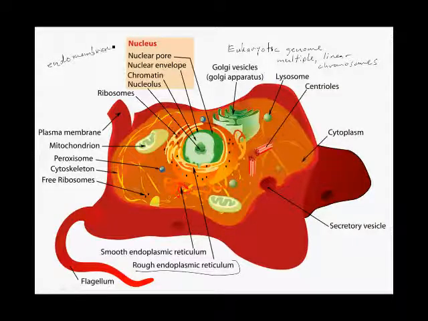The endomembrane system consists of the nuclear envelope plus the endoplasmic reticulum, both the rough and smooth, the Golgi, vesicles, and the lysosomes. And finally, the endomembrane system is connected to the plasma membrane through secretory vesicles.